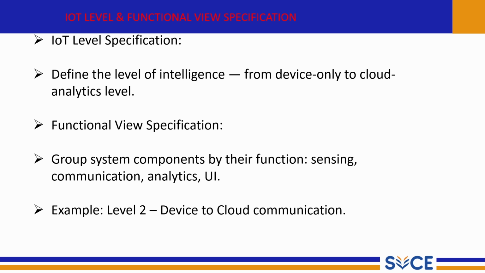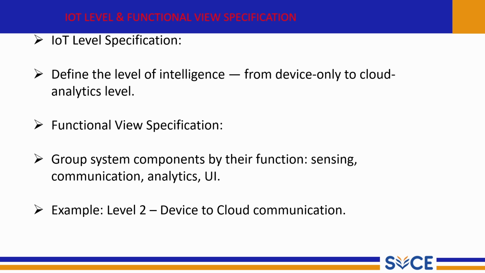It defines the level of intelligence and communication patterns of the system. There are usually 5 IoT levels, from the simple device to complex cloud analytics plus automation. Why has this step come as the sixth step? Once the services are clear, you decide how the system communicates, whether locally, that is device to device, or cloud based.